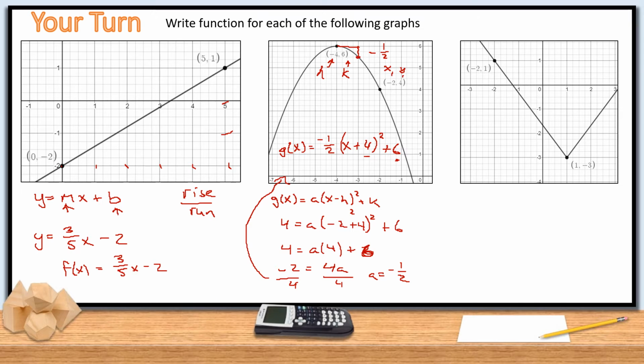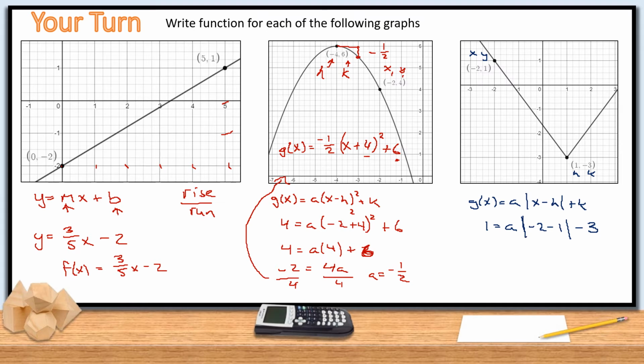All right, final one is the absolute value one. H and k at the vertex, x and y given to us. G of x is a times the absolute value of x minus h plus k. So sub it all in. So y value 1, a we don't know, x is minus 2, h is 1, minus 3.